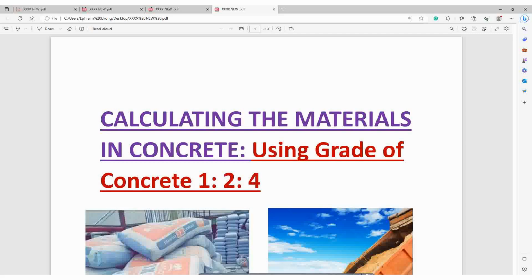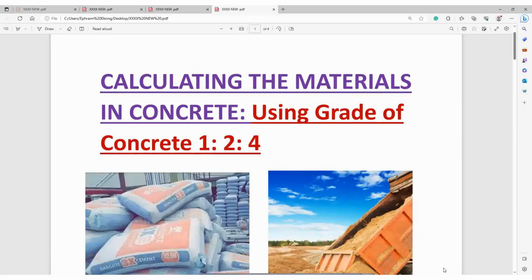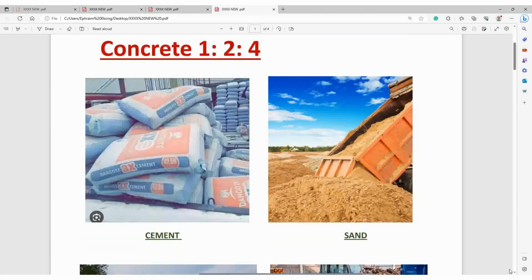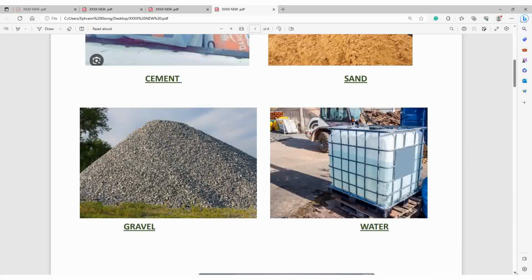So in your concrete, we have the composition, as you can see here, of cement, sand, the gravel, and water. So what constitutes the concrete is four elements: the cement, the sand, the gravel, and water.